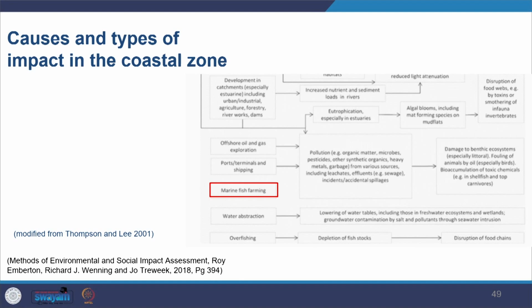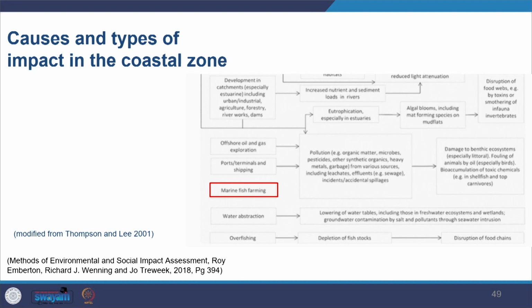Because of the kind of activity happening, you also have effluents going into the water, and there can be incidents or accidents with the oils and other things, which is said to be one of the greatest threats to the ecology.